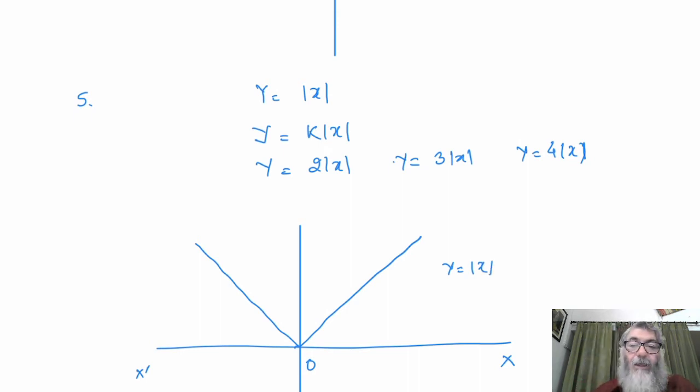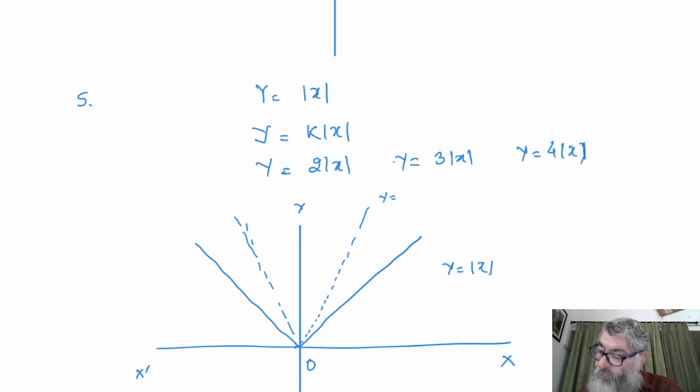Now, if I multiply, y is equal to 2 modulus x, what will happen? The graph will be compressed towards the y-axis. Suppose I want to draw y is equal to 2 modulus x. Then y is equal to 3 modulus x.